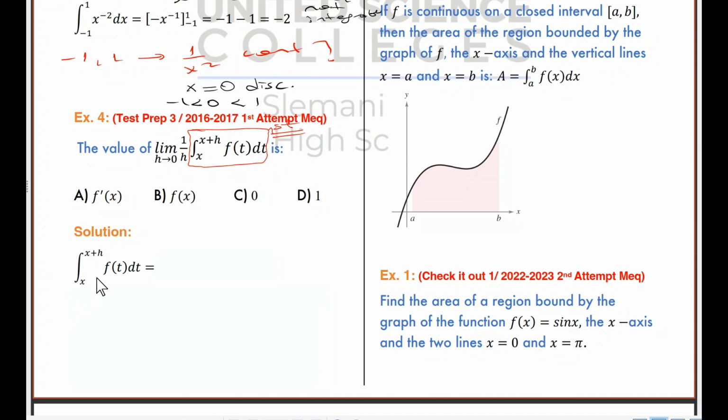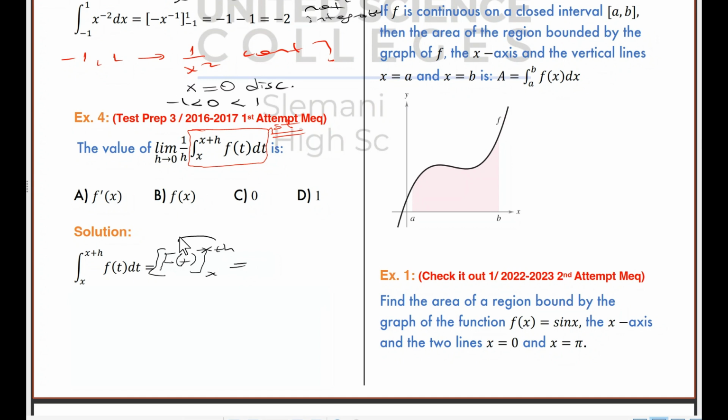What is this integral? This is a definite integral. When I find the antiderivative, remember I express the antiderivative by using capital letter F. So it's going to be F of t, and the upper bound is x plus h, the lower bound is x.